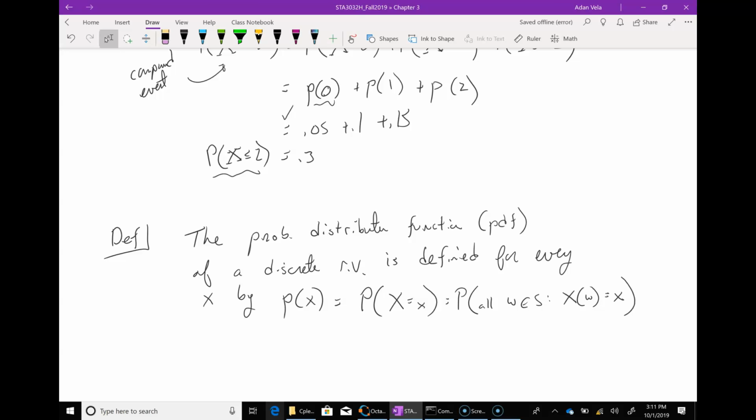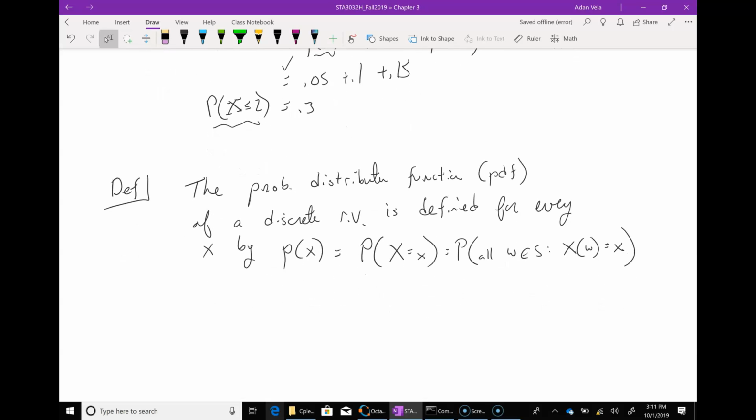Now, because random variables can map non-numerical values to numerical values, you can just think of it as giving a specific probability to any outcome or to any specific value of the random variable. But again, it's how probability is spread over all the values.